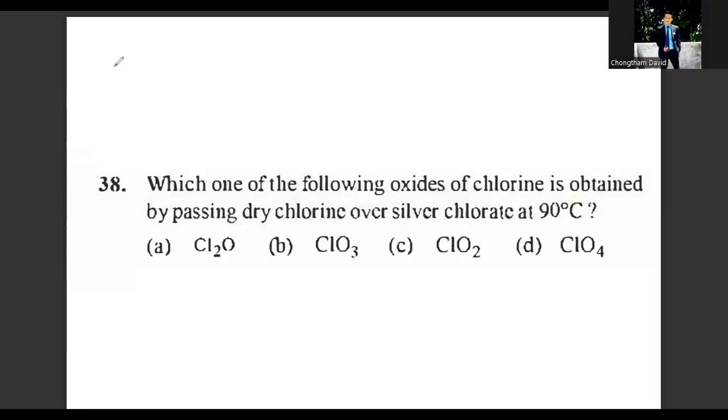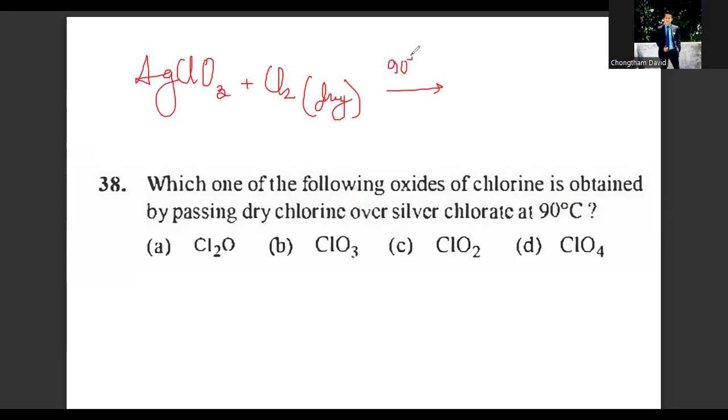You can write this reaction: silver chlorate, AgClO3, when you pass chlorine gas in dry condition at a temperature of 90 degrees Celsius, gives silver chloride and chlorine oxide along with oxygen gas, right? So ClO2 is liberated here. For 38, option C would be the answer.